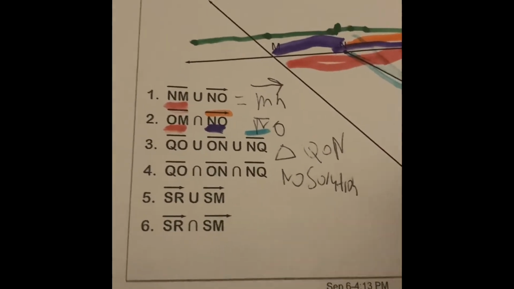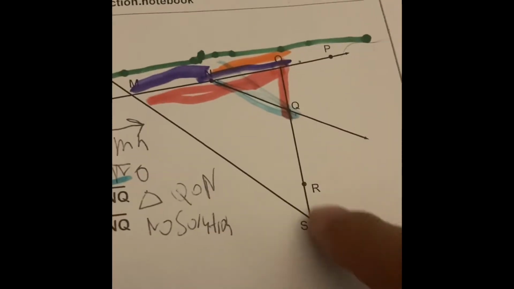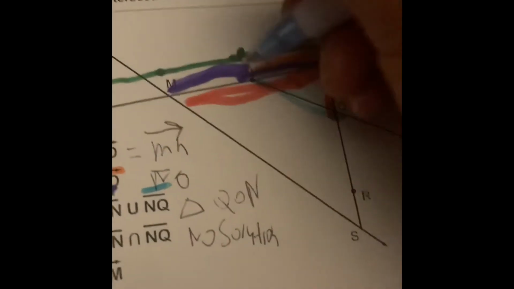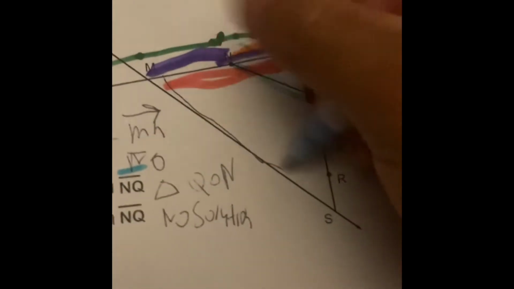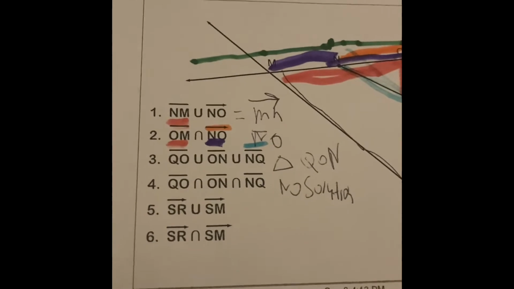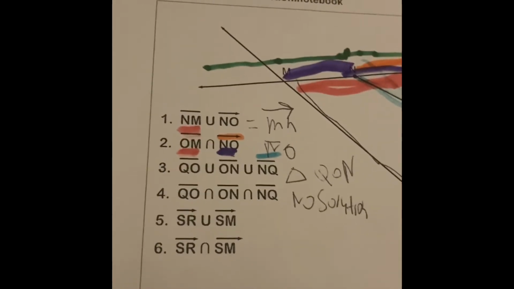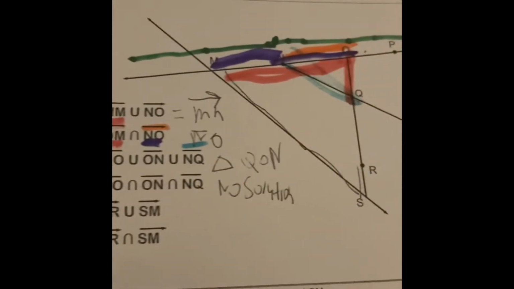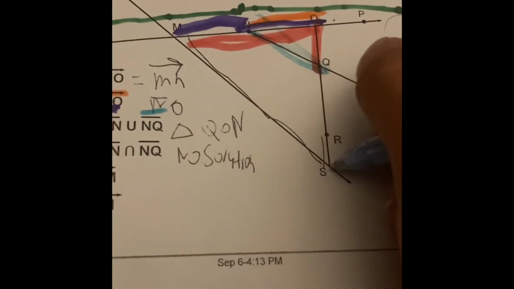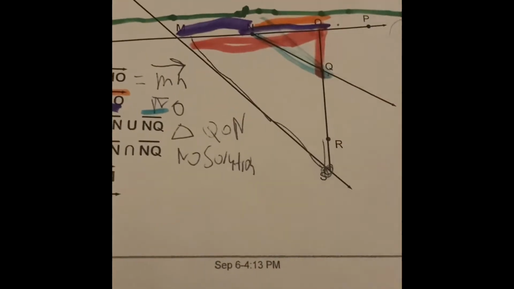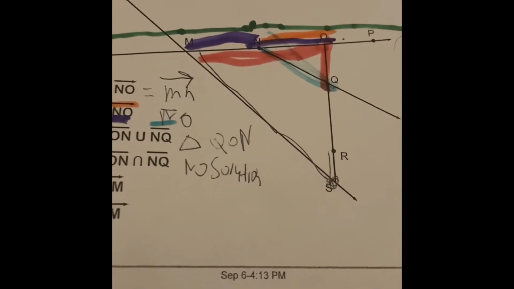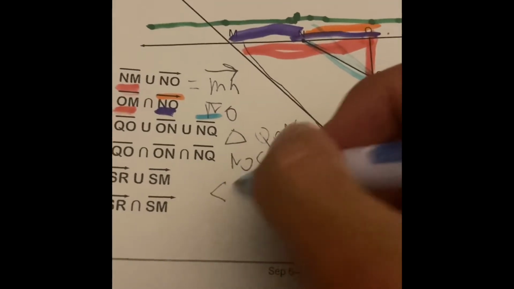SR and SM. We're going to do SR and SM right here. We wanted a union, but the only thing we can use is an angle, because the only thing that meets up is this point right here, but there are so many points on that line. So we're going to call it angle MSR, because it's talking about this angle right here.